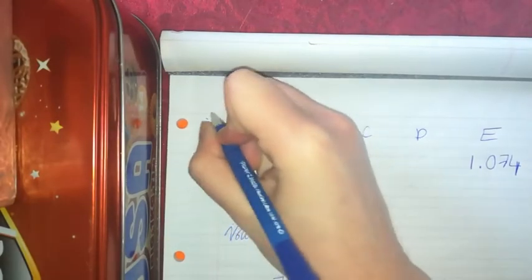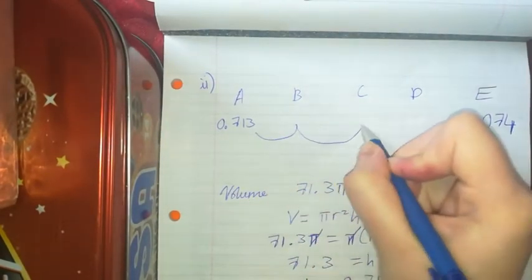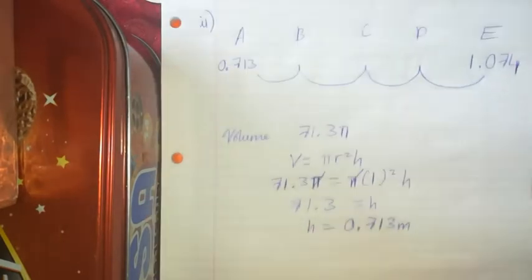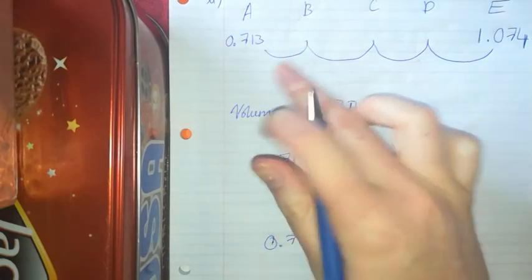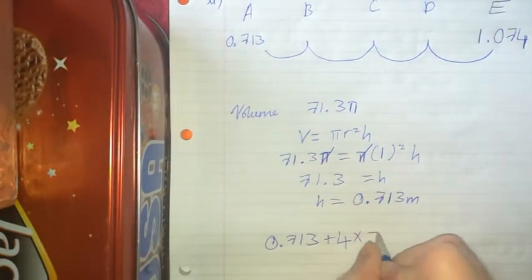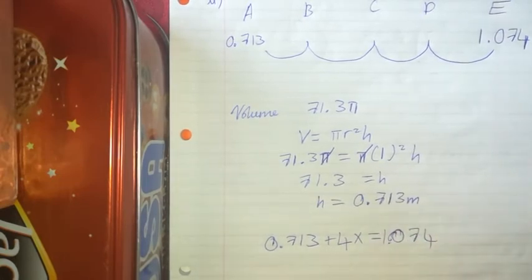0.713 meters. So, say this is our difference. There's 1, 2, 3, 4. This plus 4 of the differences is equal to this. So 0.713 plus 4, let's call it x, the common difference, is equal to 1.074.